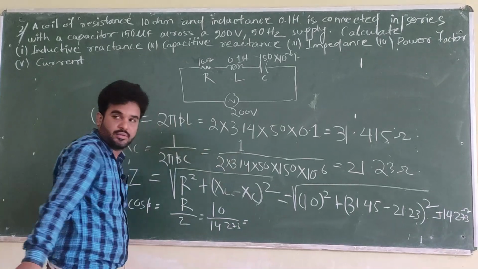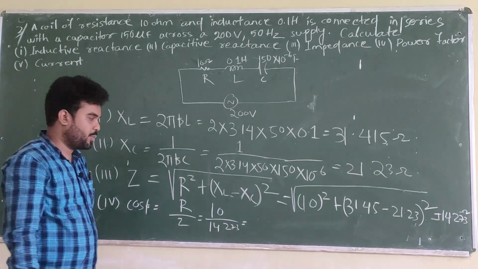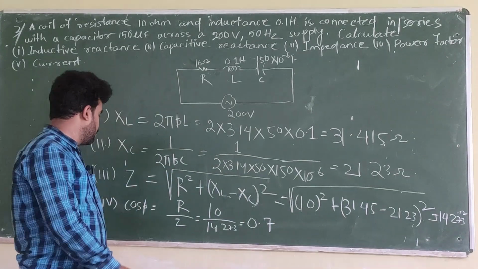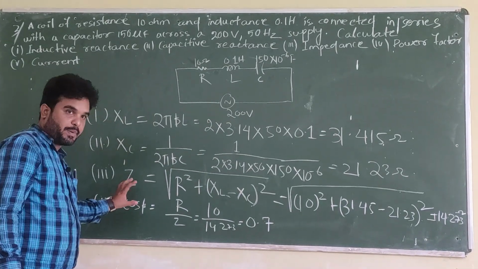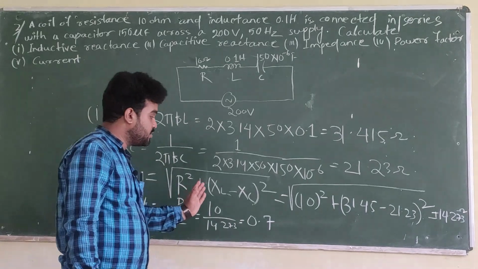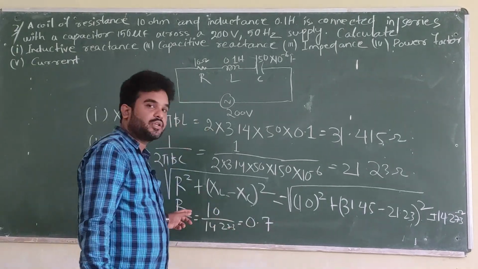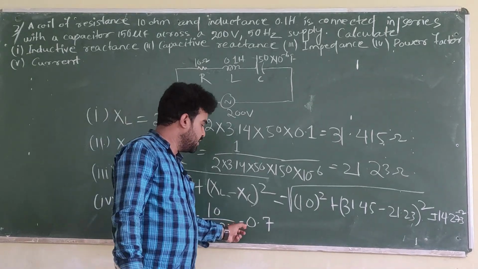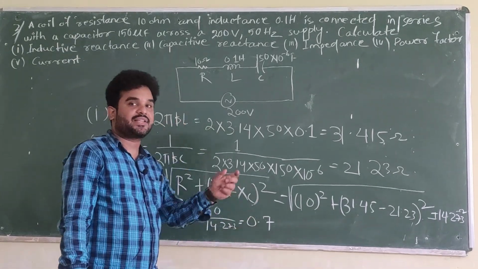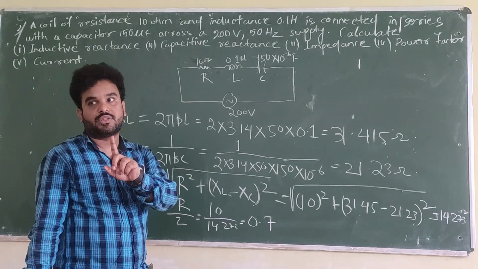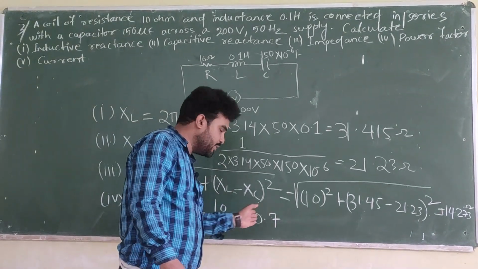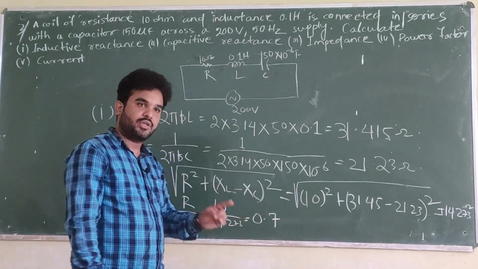The answer is 0.7. The power factor cos phi value lies between 0 and 1, so the answer is correct. If it exceeds 1, then your answer is incorrect.